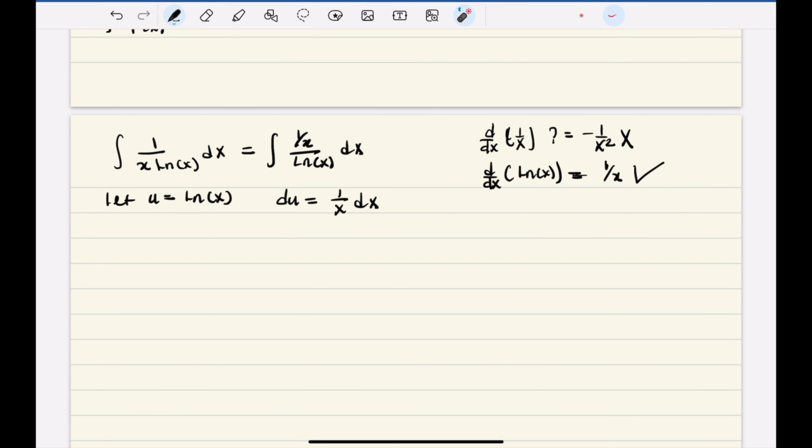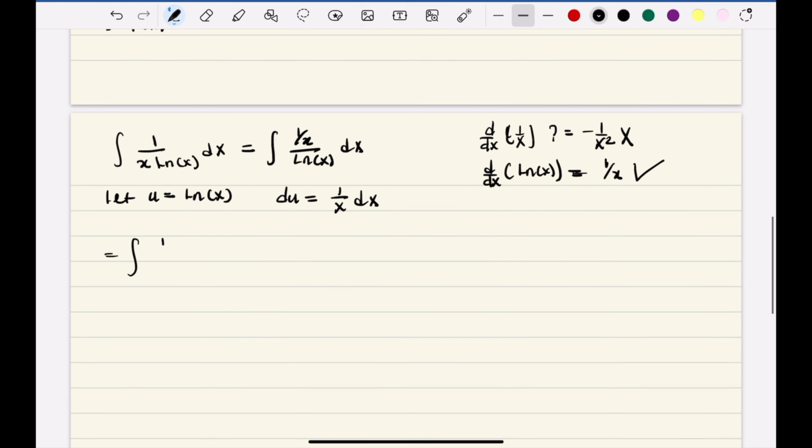So if we substitute it, the integral of 1 over x divided by ln x dx is exactly the integral of 1 over u du, because u is ln x and 1 over x dx is du.